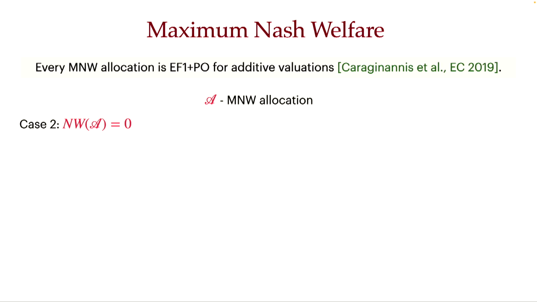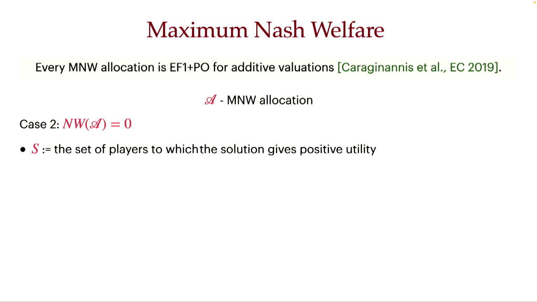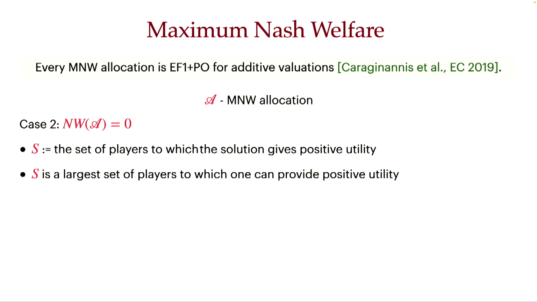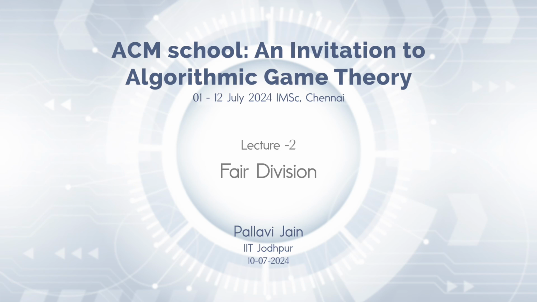When Nash welfare is 0, our definition was that we first look at the set of agents that can get positive valuation, and out of that we want to maximize, correct. So, let us say S is the set of players to which the solution gives positive utility. Of course, S is the largest set by definition. So, is it Pareto optimal? Due to the same reason, it is, correct.